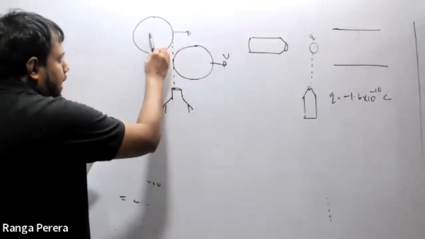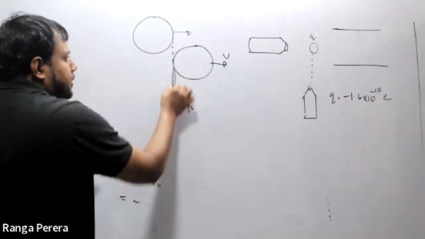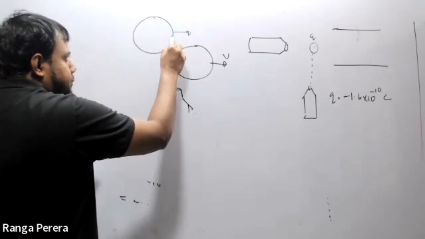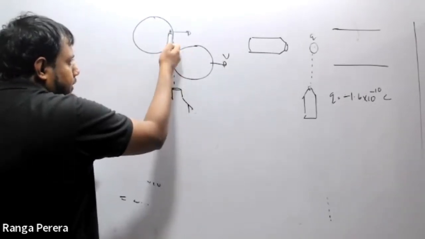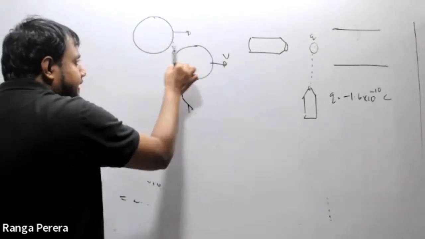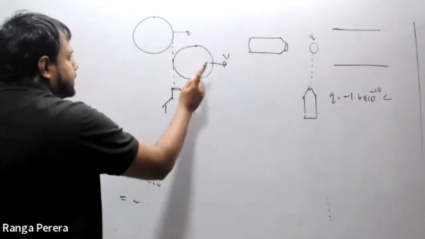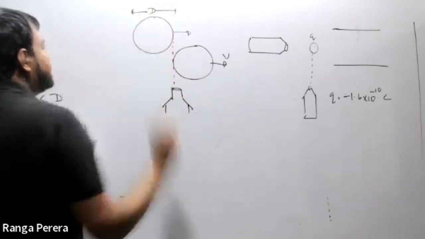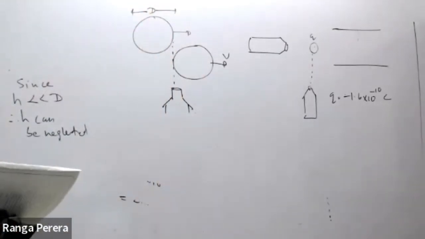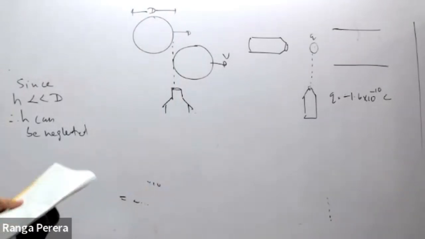At this point, the electron beam is continuously sent. So at this point, this droplet starts to get the electrons. It gets up to this level. Up to this level, you can see that only the diameter is affected.